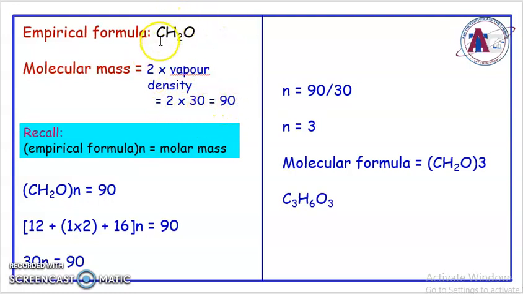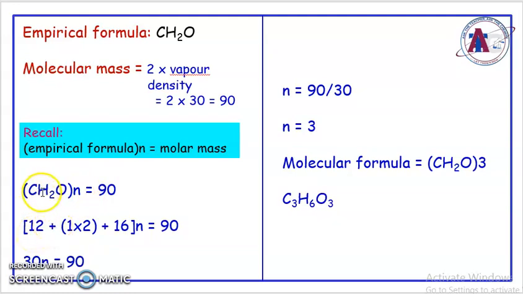Now the empirical formula of the compound is CH2O and the molecular mass is 90. We can now find our molecular formula, right? So recall too that empirical formula into N equals to molar mass. Molar mass is 90, empirical formula is this, into N. So what is the atomic mass of carbon? 12. So we put 12.